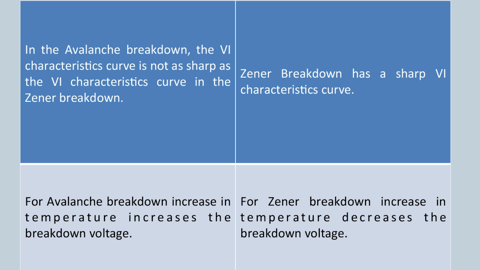In avalanche breakdown, the VI characteristics or the current voltage characteristics is not as sharp as the VI characteristics of Zener diode. For avalanche breakdown, increase in temperature increases the breakdown voltage. For Zener breakdown, increase in temperature decreases the breakdown voltage.